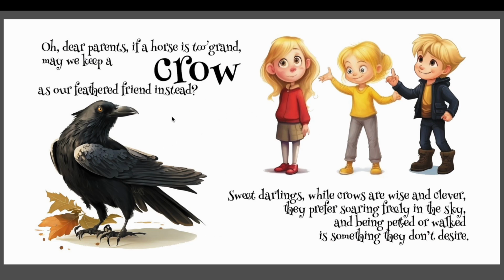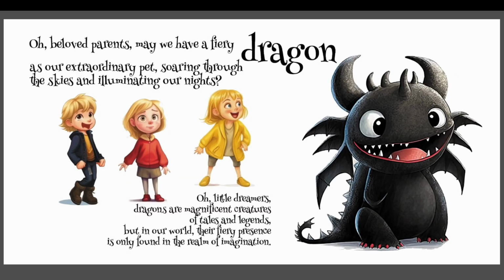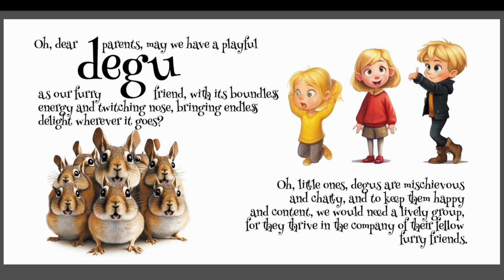Then the page where the crow goes, and again parents are not happy with that option. Then the children ask for a lizard. Yeah, but parents have some arguments against the lizard, and a dragon, and some squirrels.